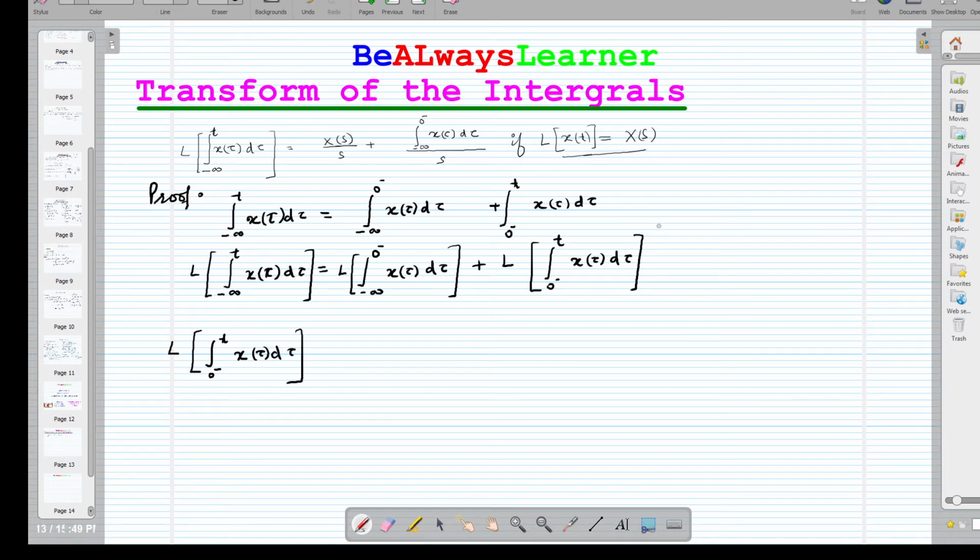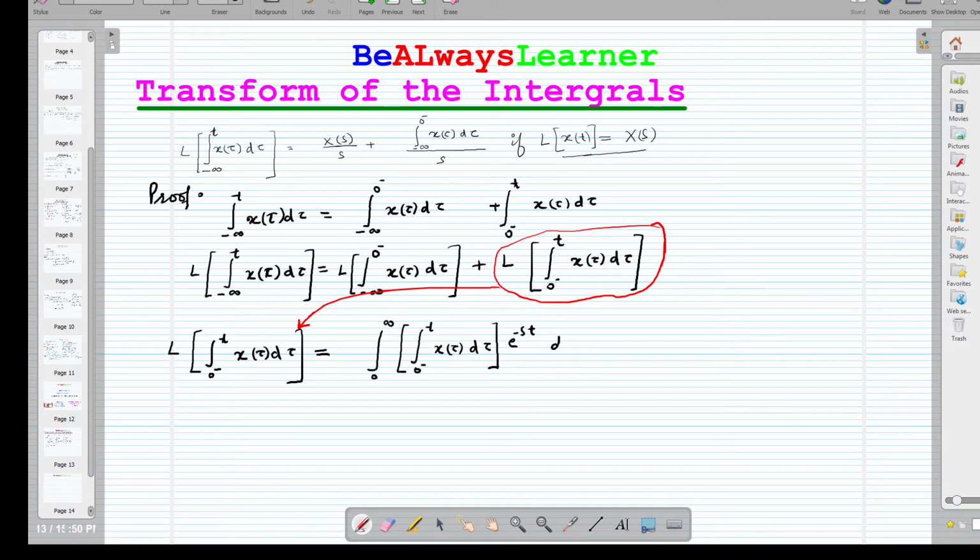So this term I am writing directly. That is equal to, by the definition of the Laplace transform, the integration from 0 to infinity of the function, the integral from 0 negative to t of x(tau) d tau, multiplied by e raised to the power minus st dt. Fine.